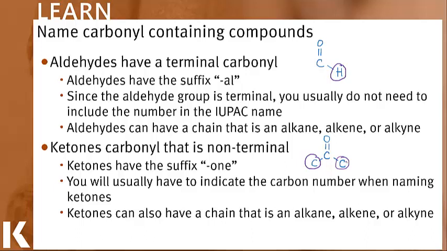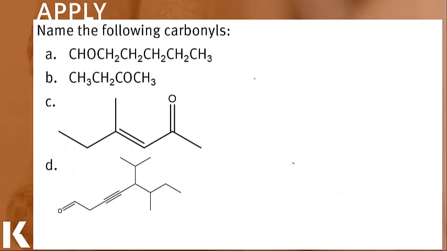With this information, let's go ahead and name a couple of carbonyl compounds. Our first carbonyl compound, what we want to look at is where the carbonyl carbon and oxygen are. And the carbonyl carbon and oxygen are right here. This means that they're at the end, and we always want to have the carbonyl on the lowest numbered carbon.